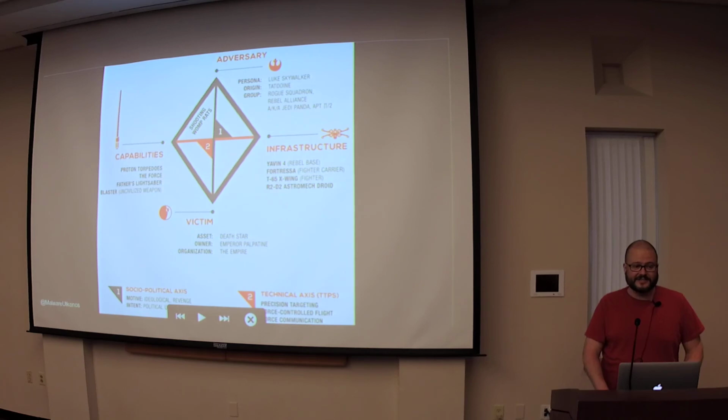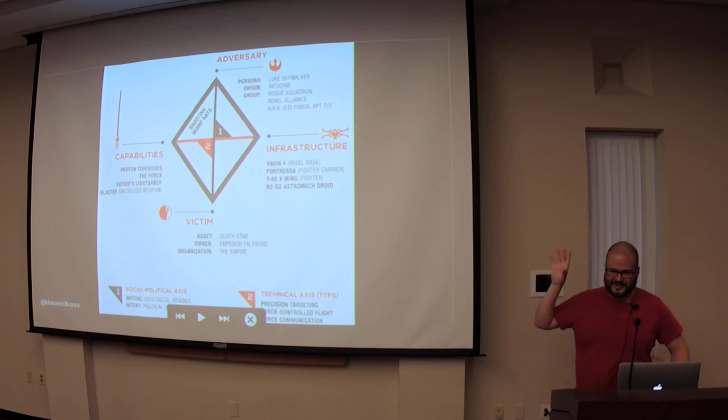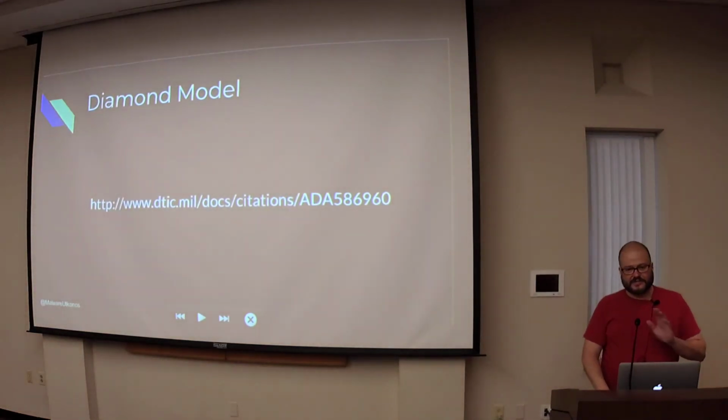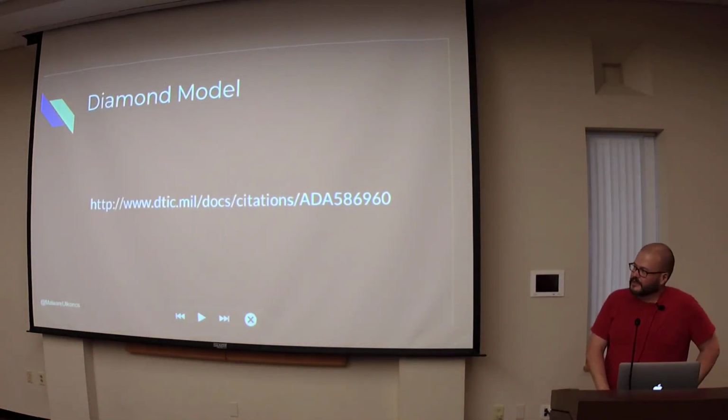And to be honest, the argument that happened in our office as to where things belong and how they should be related to each other was literally like a shouting match, and people were getting angry about their opinion on where things should fit in the diamond model. So this is a lot of fun, but it was quite a tough week for us trying to figure it out. But if you want the serious version of this, this is the paper itself, so please go download the paper and read it. It's a very powerful tool for making sense of an intrusion.